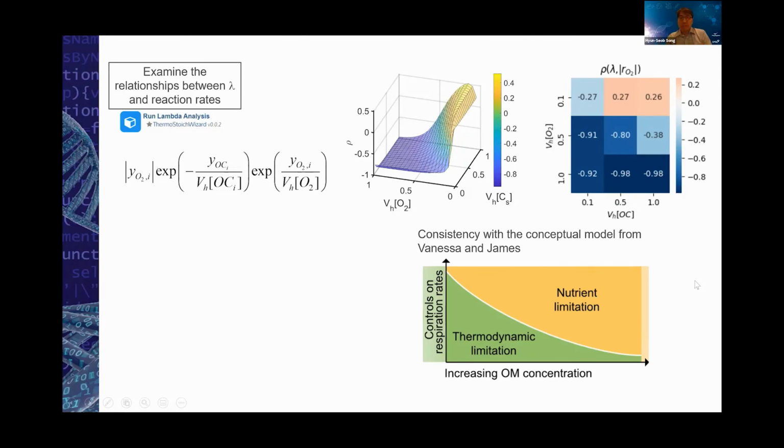Actually, you can connect this theoretical analysis with the conceptual model that Vanessa and James talked about this morning. And then you can see increasing organic matter concentration means that in this direction carbon is less limited, and in this direction is more limited. When carbon is limited, thermodynamic limitation is a key control parameter that drives biochemical reaction rates.